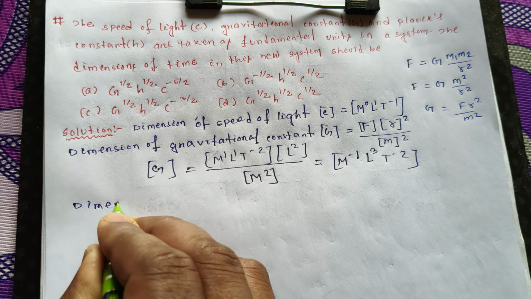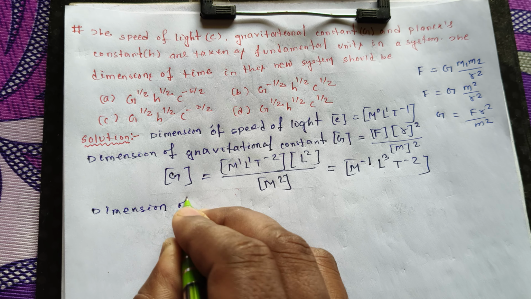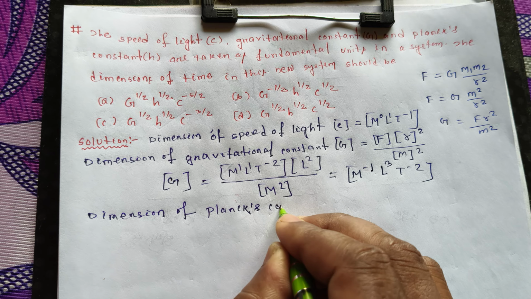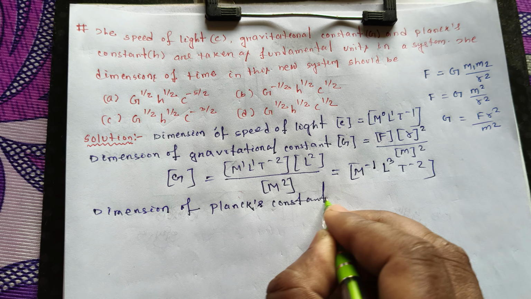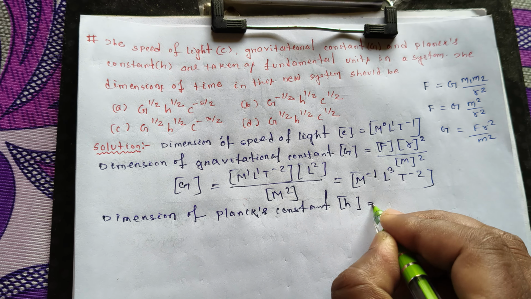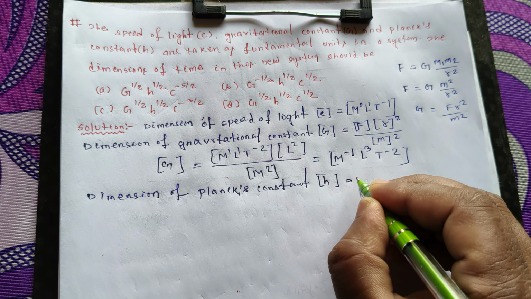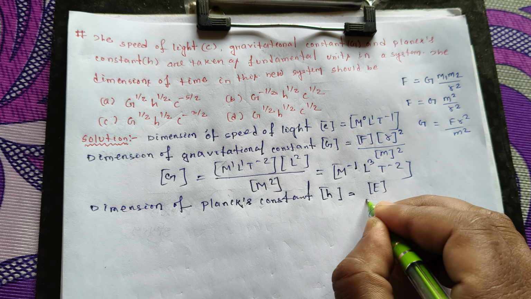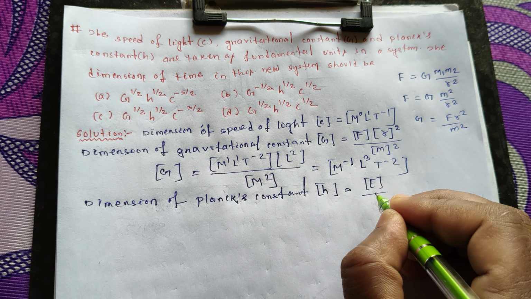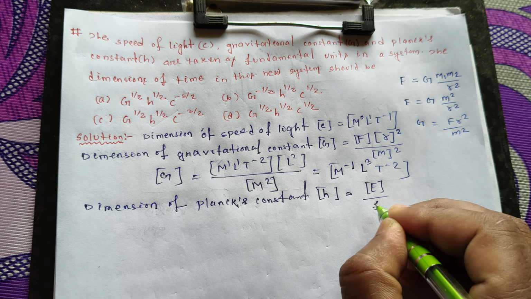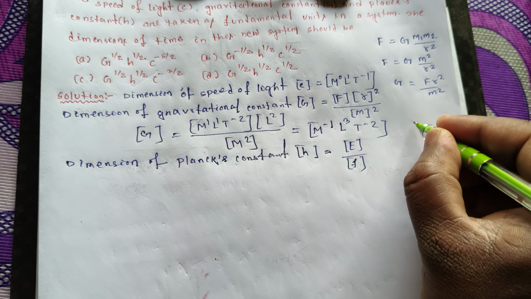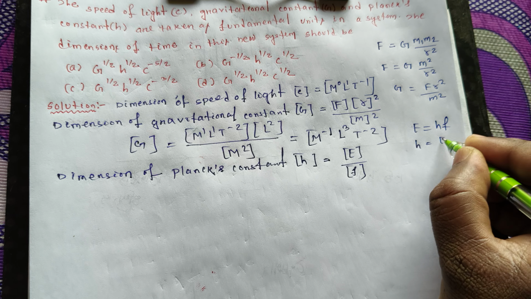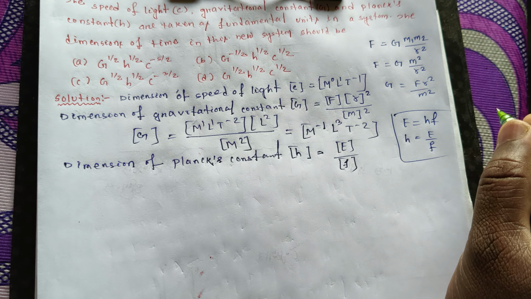Next, dimension of Planck constant, that is h. So Planck constant dimension is equal to dimension of energy by dimension of frequency. You know E is equal to hf, or h is equal to E by f, using this formula.